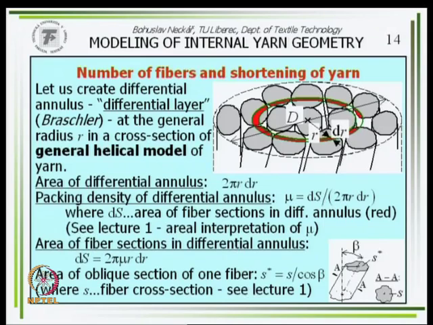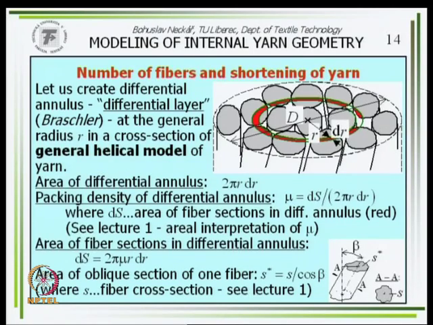In our helical model, let's find the number of fibers and then also the shortening of the yarn due to twist. The first theme will be the number of fibers in the cross section of the ideal yarn, which corresponds to our helical model.